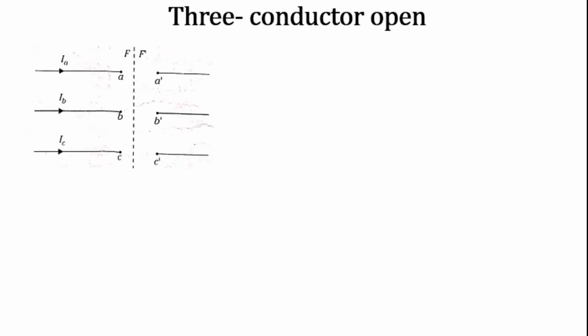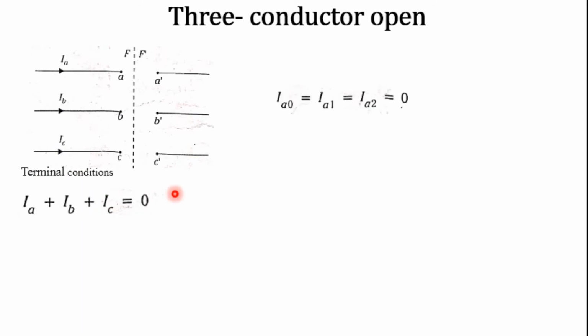And coming to the last condition, that is three conductors open. We know the terminal conditions, as seen from the above condition, which we can write as IA plus IB plus IC is equal to 0. Because everything is 0, IA0 is equal to IA1, that is equal to IA2, that is equal to 0.